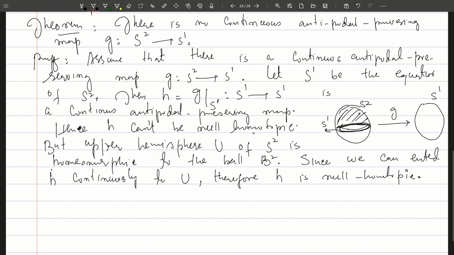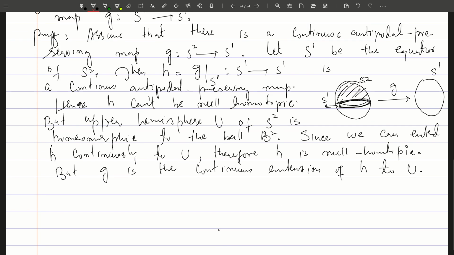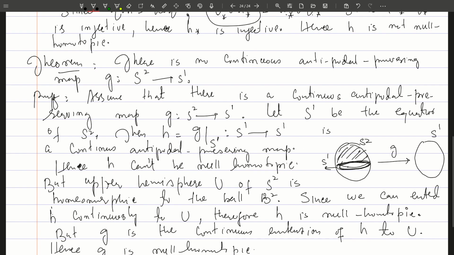But G is the continuous extension of H to U, hence G is null homotopic, which is not the case because any continuous antipodal map is never null homotopic.